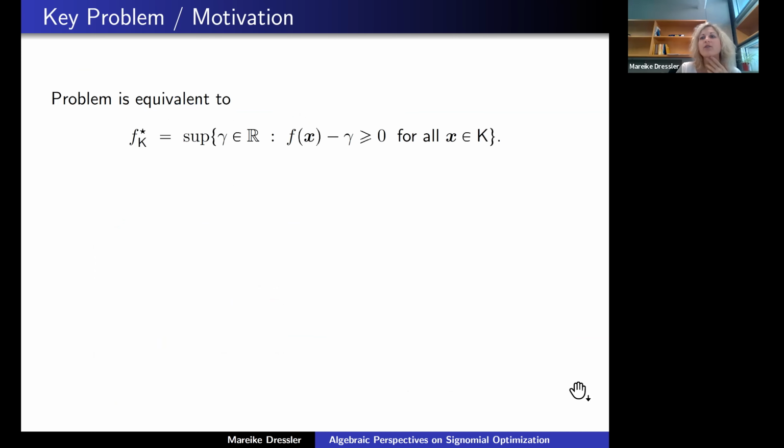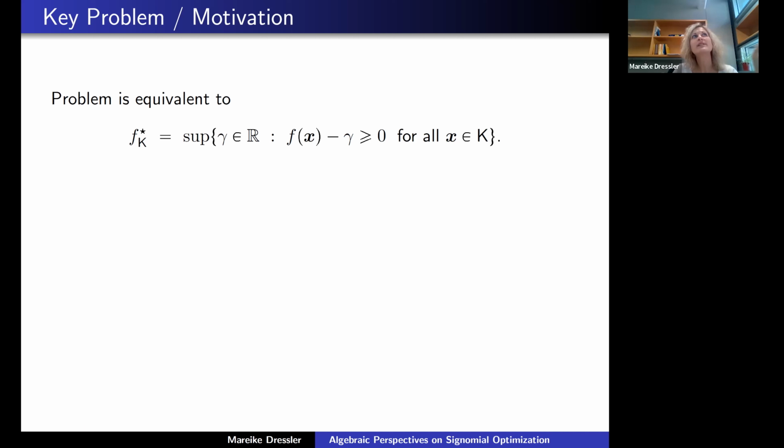First of all, we could reformulate this problem a little bit to see if it becomes tractable. We see that this is equivalently written as such a problem, namely finding the largest real number gamma such that f minus gamma is non-negative.